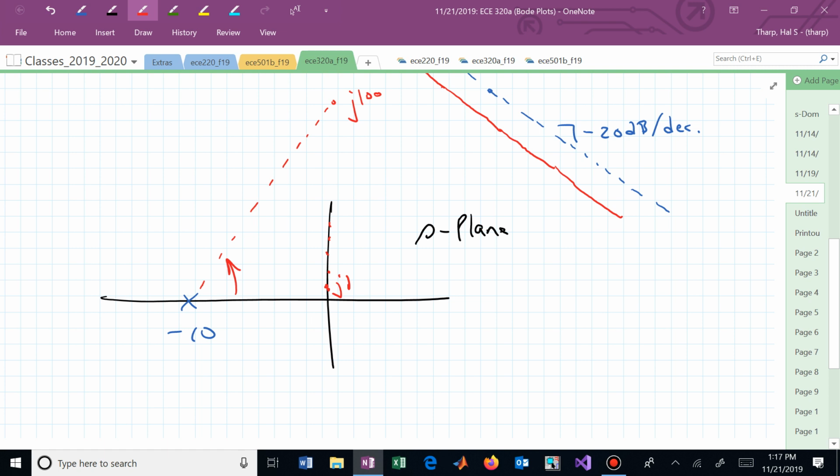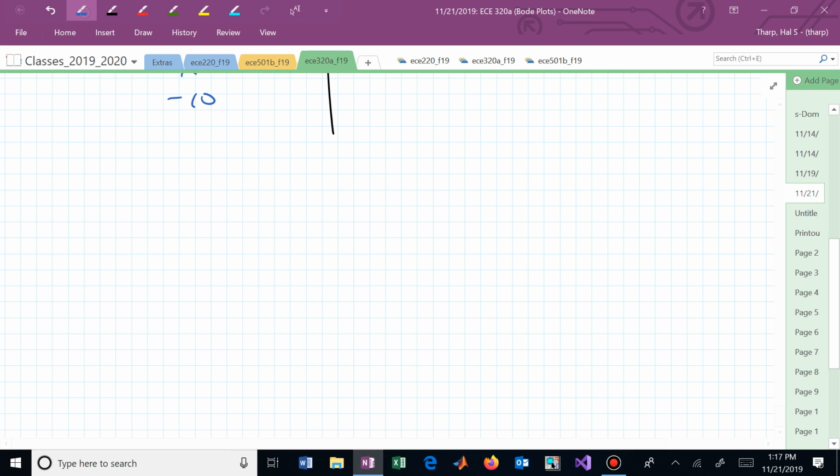Once we get to minus 90 at 100, we say there's no more angle contribution. It's just going to be minus 90 from that point forward. We've now sketched our phase plot for G sub 1. G sub 1, whoops, I said phase, kind of like the triangle and rectangle from before.